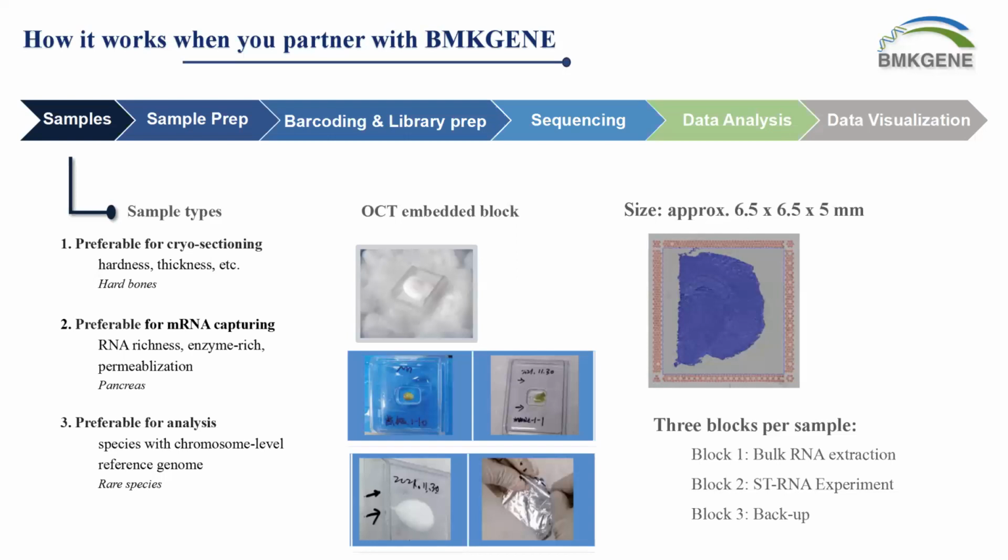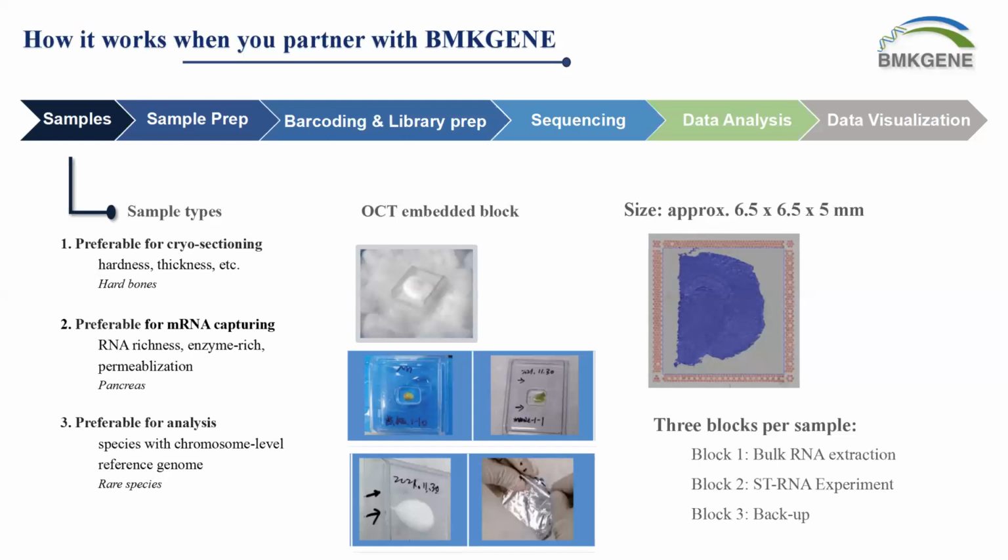It's perfect for fitting into these 10x Visium slides, because the capturing area that I just introduced is around 6.5 by 6.5. So we need to make sure that our tissue fits in this size and is not too small, which would waste most of the capturing spots on the capturing region.